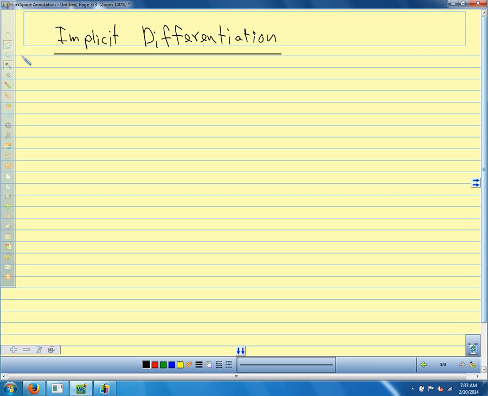So when we have other things going on, I'm thinking of something like x squared plus 2xy plus 2xy squared plus y squared equals 3.